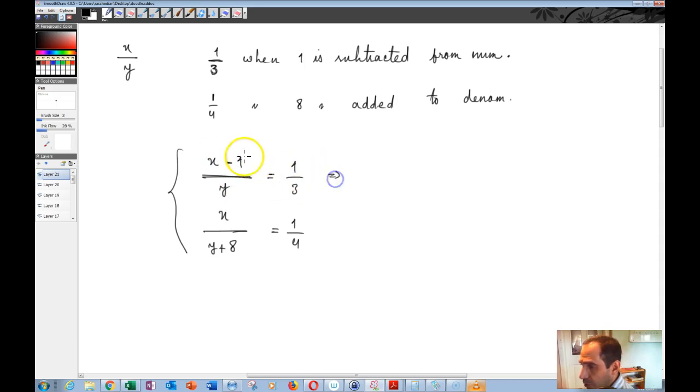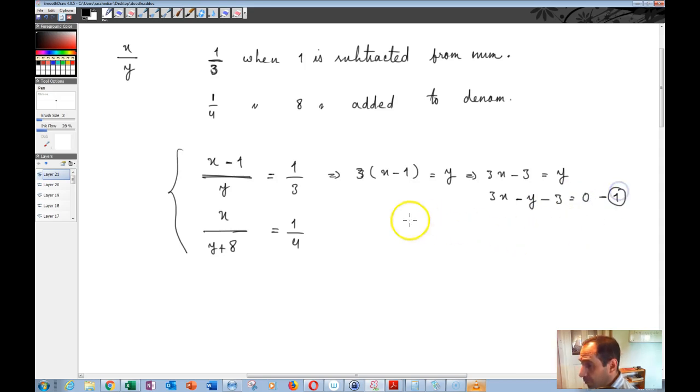So I can cross multiply: 3 times x minus 1 is equal to y. So 3x minus 3 is equal to y, which means 3x minus y minus 3 is equal to 0. Call it equation number 1.